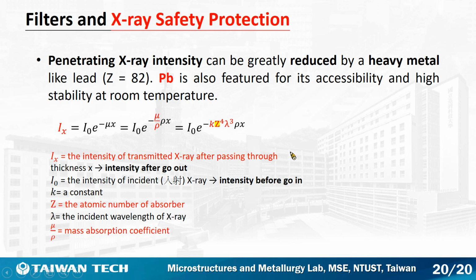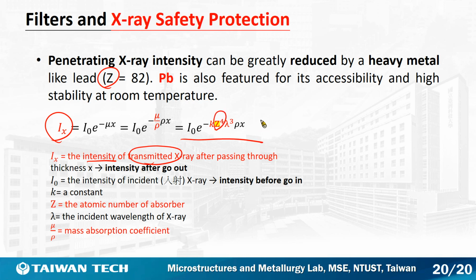Okay, and for X-ray safety, we know that X-ray could be dangerous. So for protection, we must choose a heavy metal to protect us. Heavy metal has a higher atomic number, and we can see it from this equation. This is the intensity after transmission.